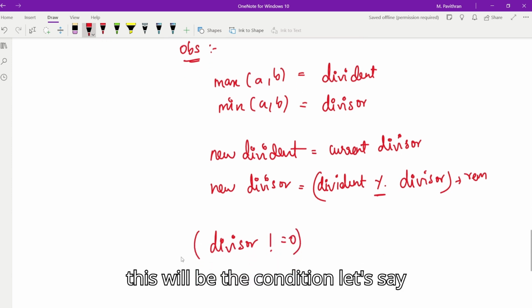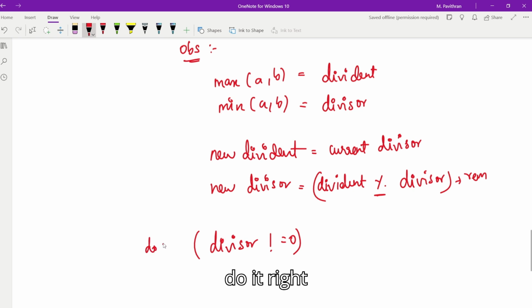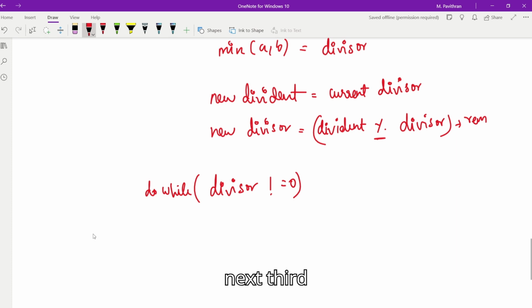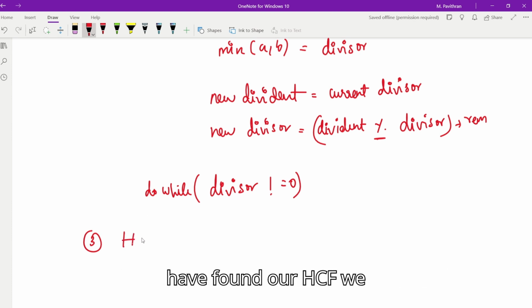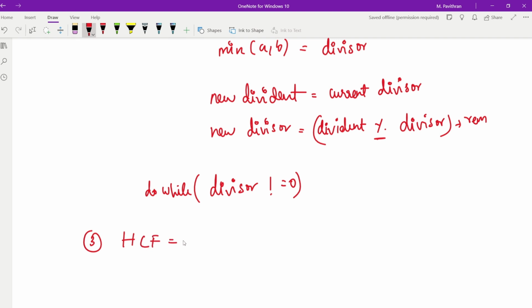This will be the condition, let's say do while. Third step: now the loop has been terminated, so we would have found our HCF. We assign the HCF value as the dividend, right?